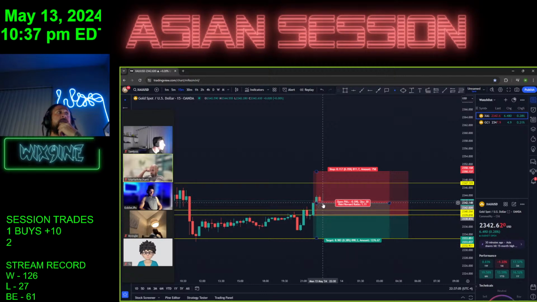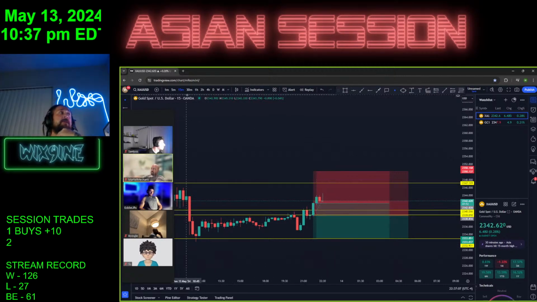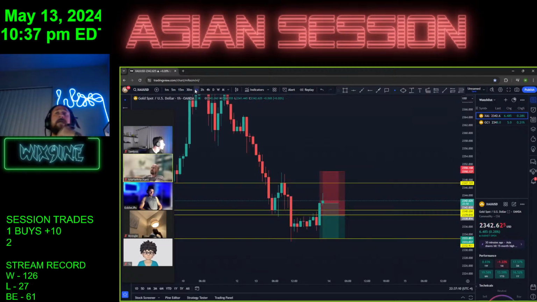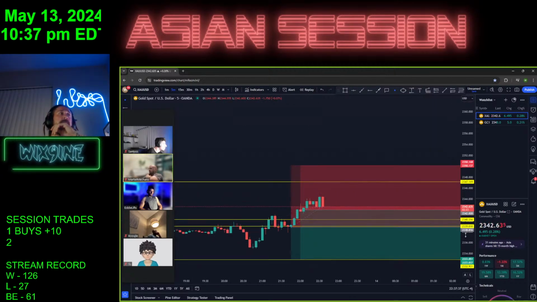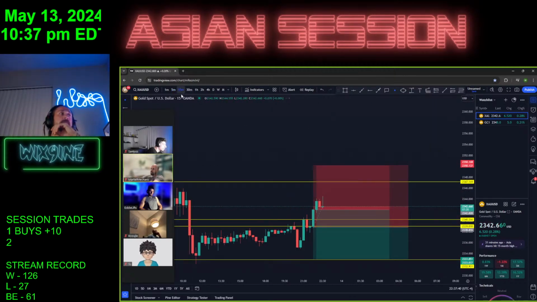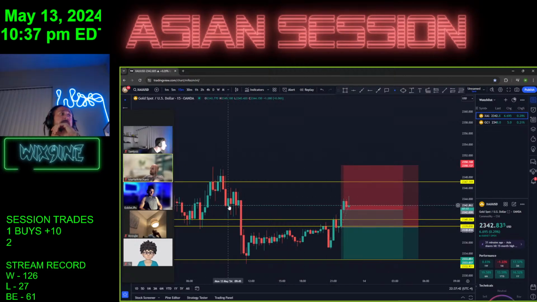Yeah, be very wary of this flip. Very wary. Some decent support here as well on the 5, stretching across from this area.